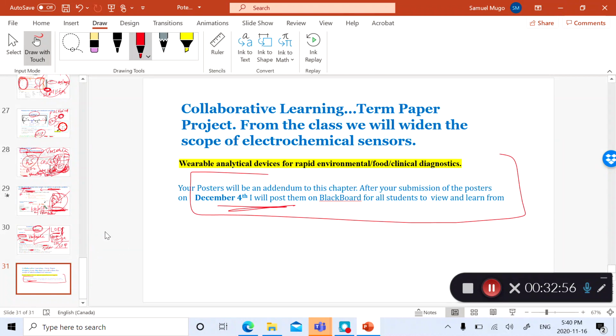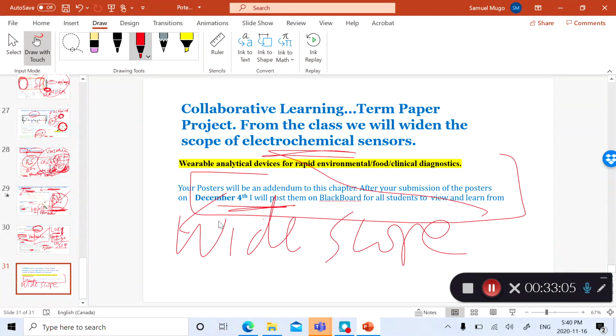I'm going to post them for all the students to see the very wide scope of electrochemical sensors, be it in clinical diagnostics, food, and the environment, and so on. So again, I'm going to post the posters that you give me, for every student to see what each one of us has been doing.